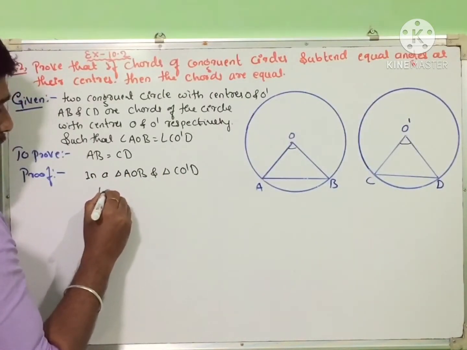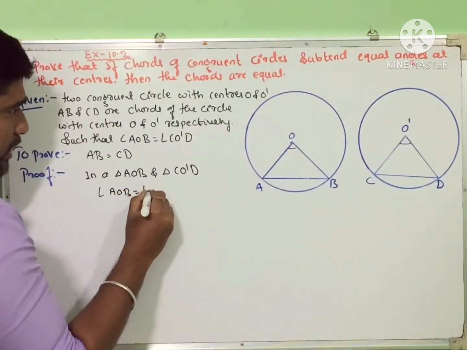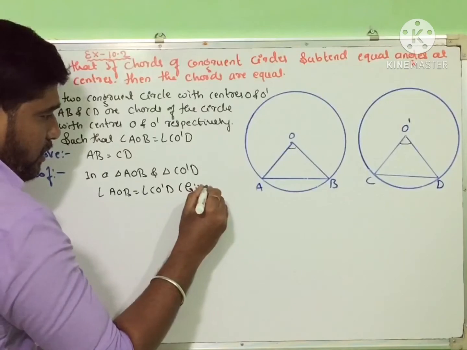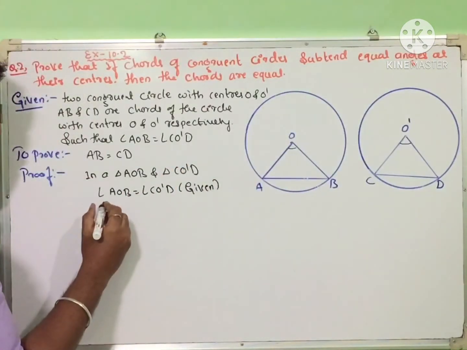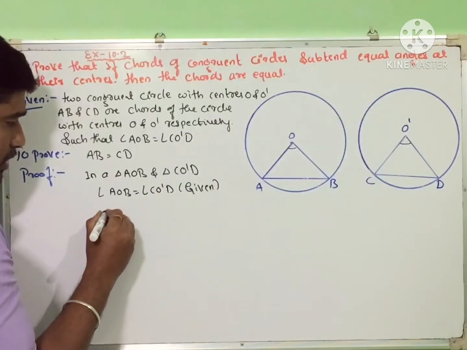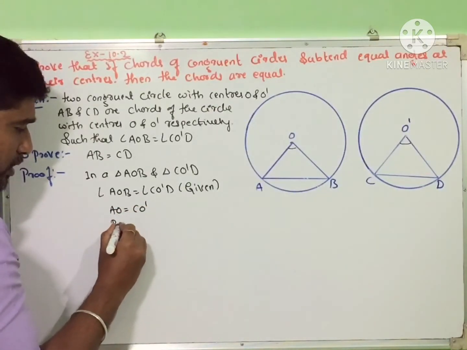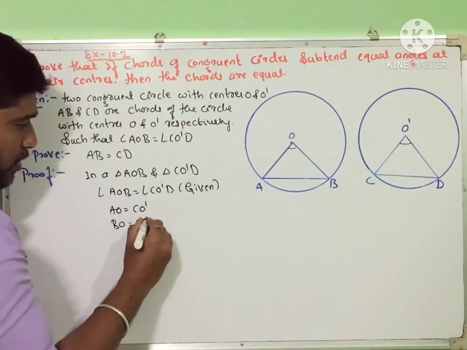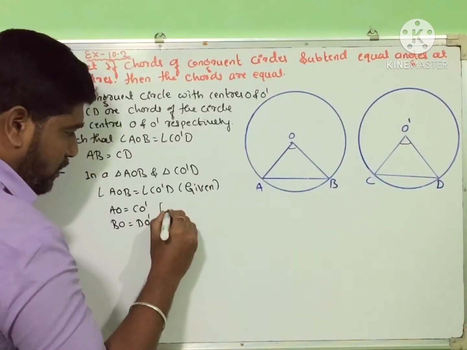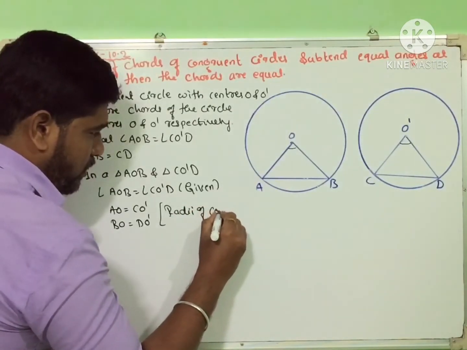The angle AOB is equal to angle CO dash D, given, and the radii are equal because these two circles are congruent circles. AO is equal to CO dash, BO is equal to DO dash, right? Radii of congruent circles.